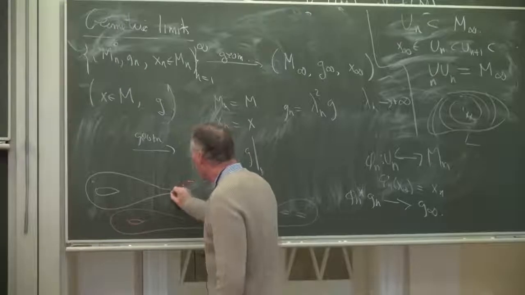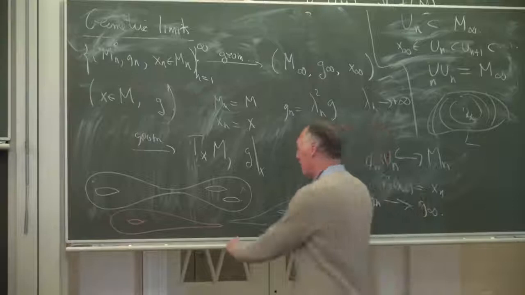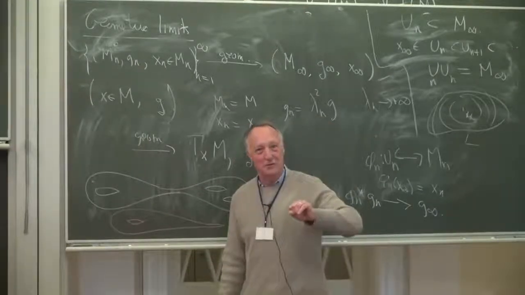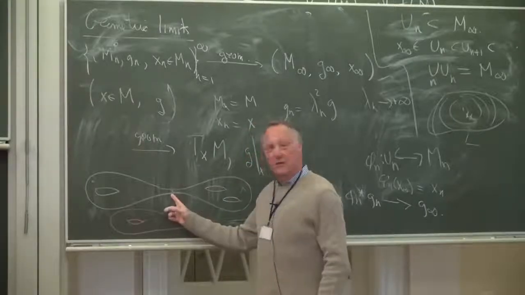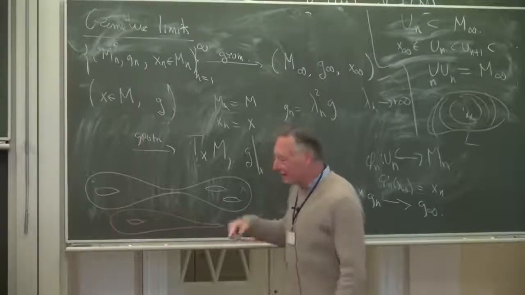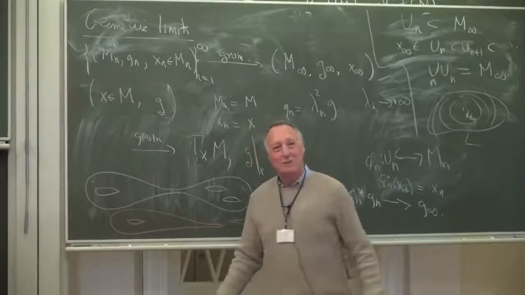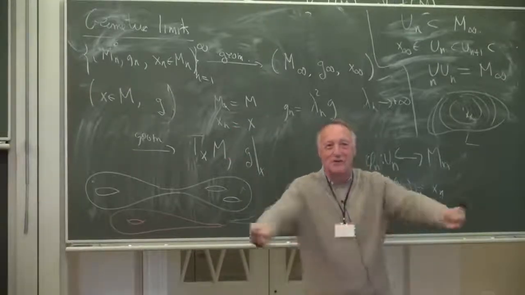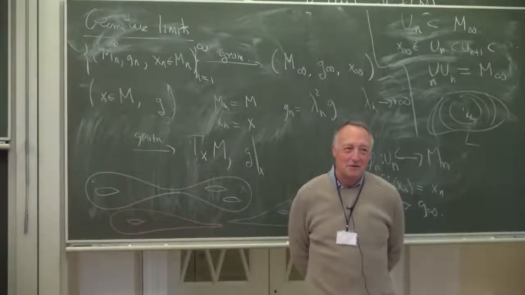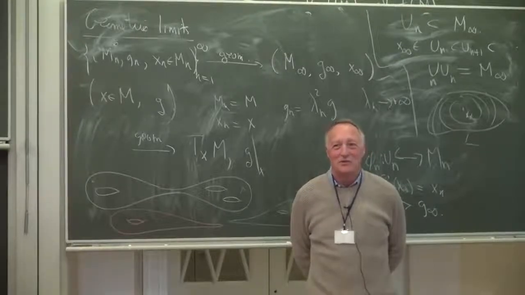If I put the point here, then I have trouble. And the reason I have trouble is they're very short loops. This part of the manifold is collapsing. So I can't take a geometric limit at a sequence of points like this, but I can take a weaker limit called the Gromov-Hausdorff limit. And can anybody imagine what this thinner and thinner sequence of arbitrarily long tubes converges to? The cusp. Well, which side?